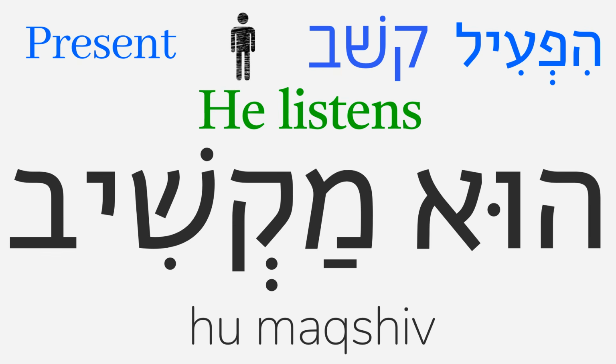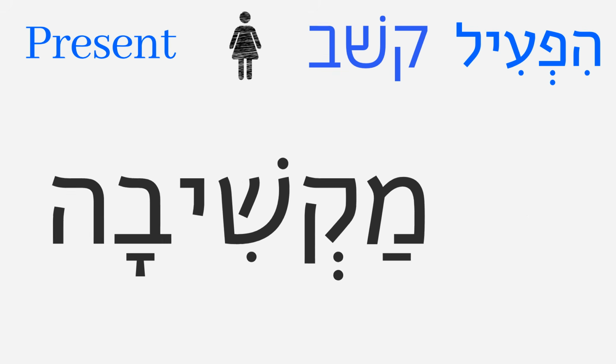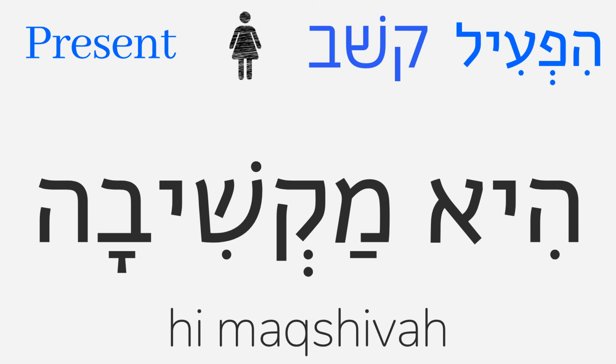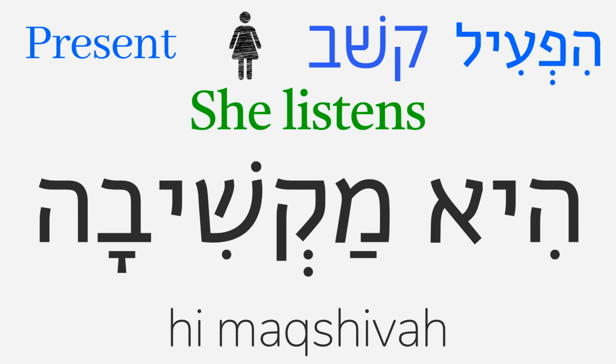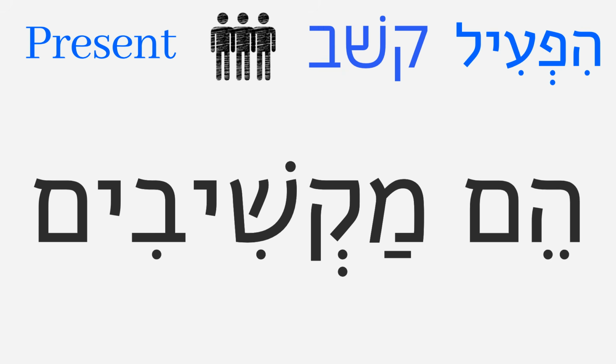Hu makshiv, he listens. Adding a to the verb, we put it in feminine singular form, so it can be used in the phrase hi makshiva, she listens. Adding im, it is in masculine plural form, so it can be used with a masculine plural subject like hem, masculine they.